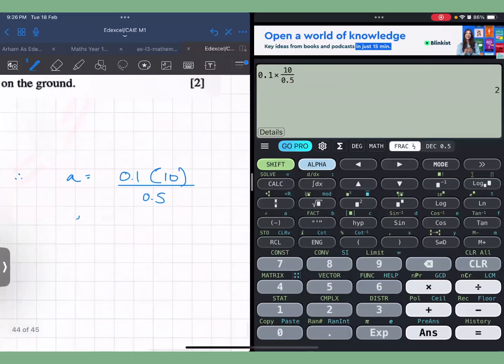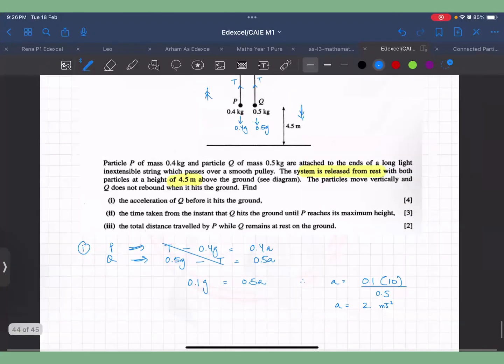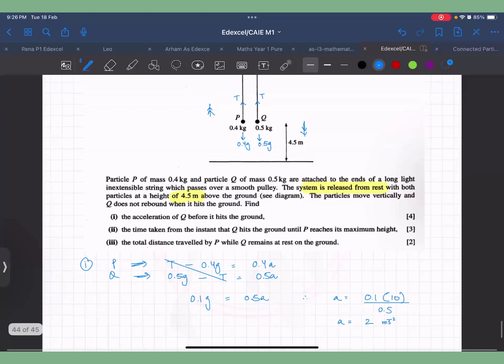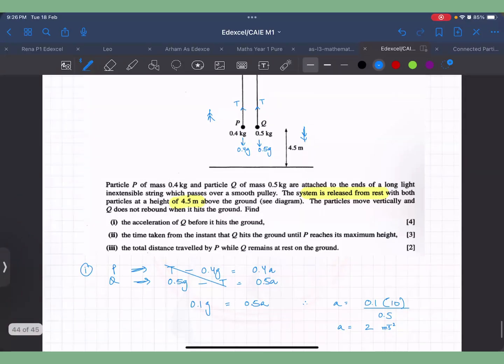So 2 meter per second square. Sorry, acceleration. P would go up with this acceleration, Q would go down with this acceleration too. So the acceleration of Q before it hits the ground would be this thing. It would be 2.